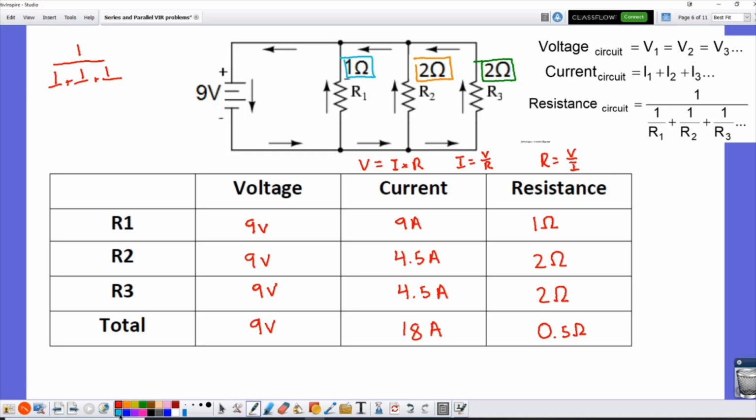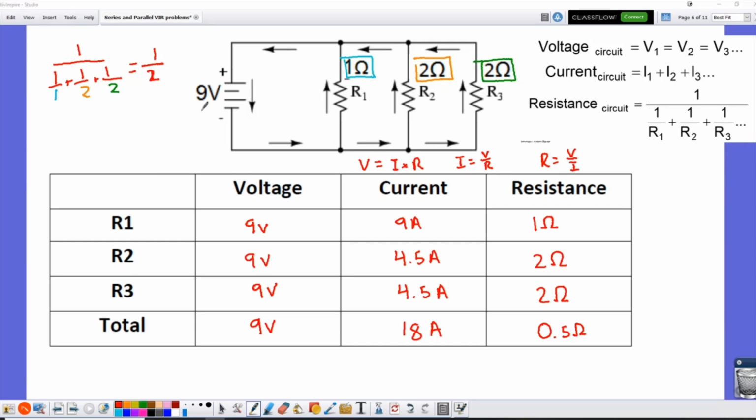And then I'm just going to fill in these values. So 1 over 1 plus 1 over 2 plus 1 over 2 again. Okay, 1 over 1 is just 1, and then 1 half plus 1 half is also 1. So to simplify this entire thing, we have 1 over 2.